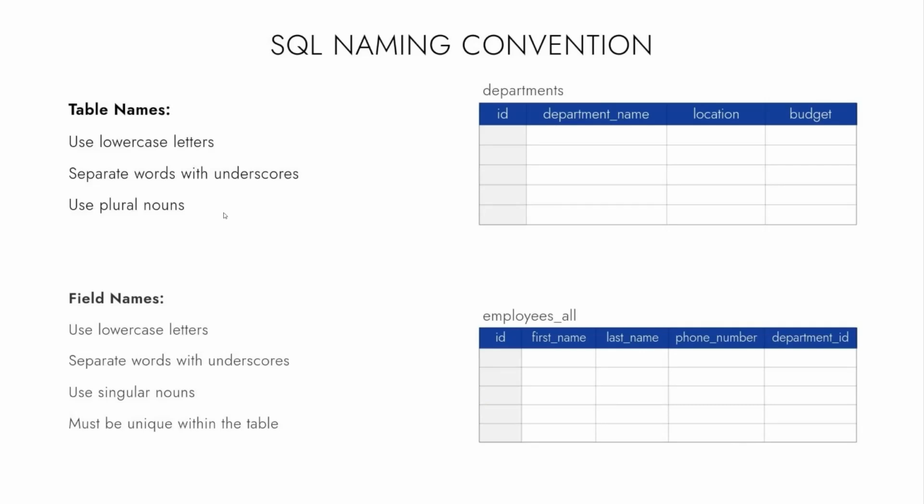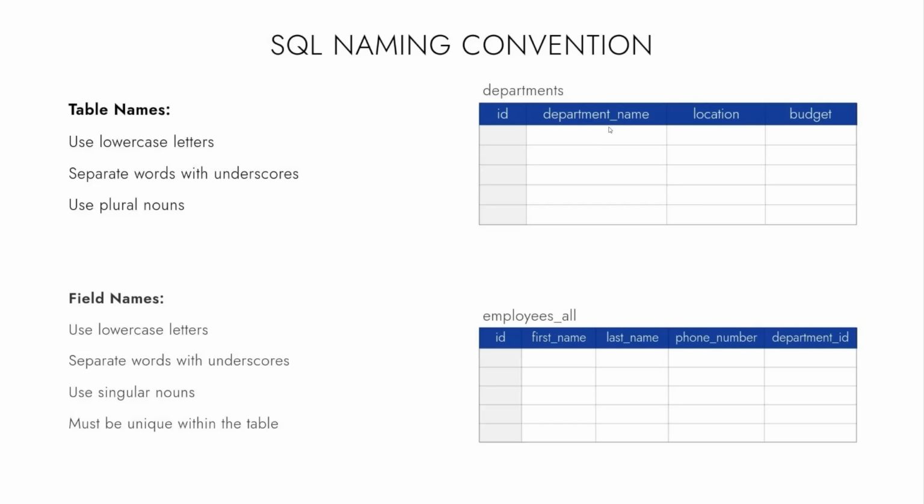But for table names, let me show you first. It's better to use lowercase letters most of the time. And also, if some column labels are multiple words, like department name or employee name, do not leave an empty space.